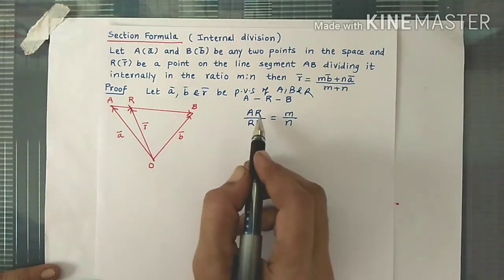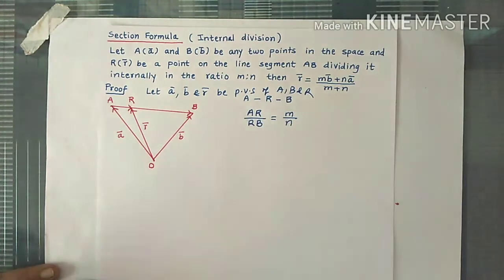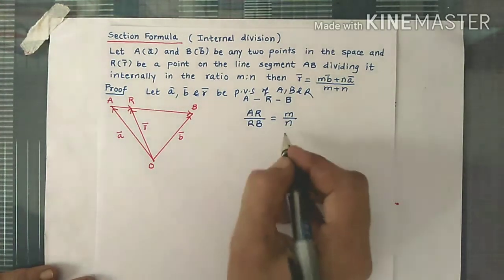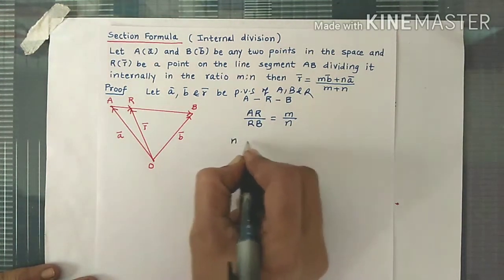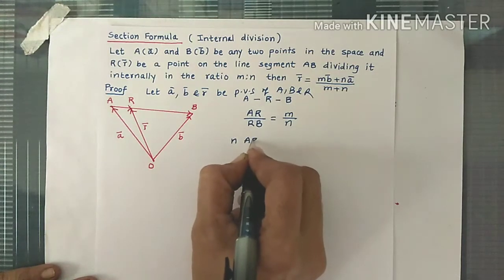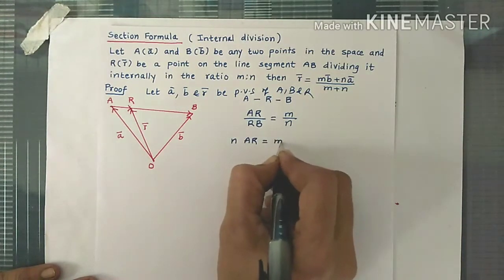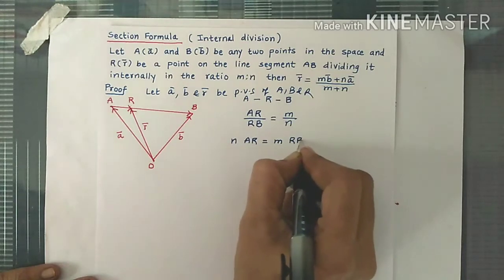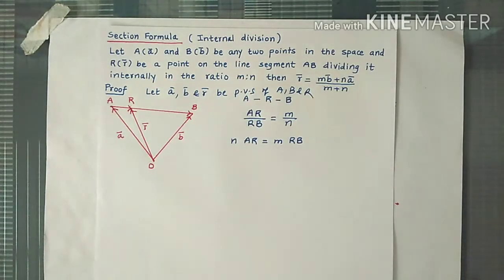Okay. Now we have AR upon RB equal to m by n. Let's cross multiply this. So cross multiplying we have n into AR equal to m into RB. Now to prove the section formula we have to convert this statement into vector equation.